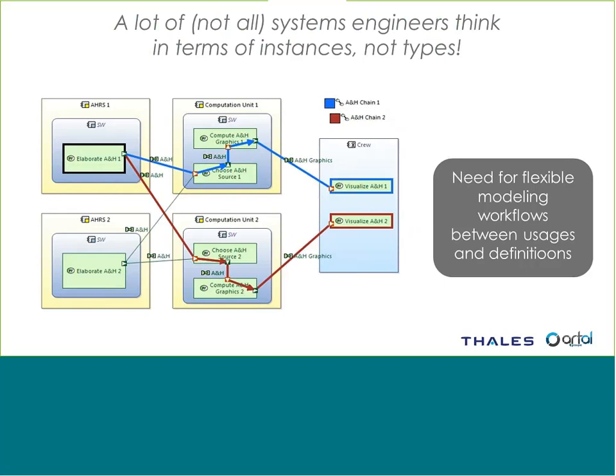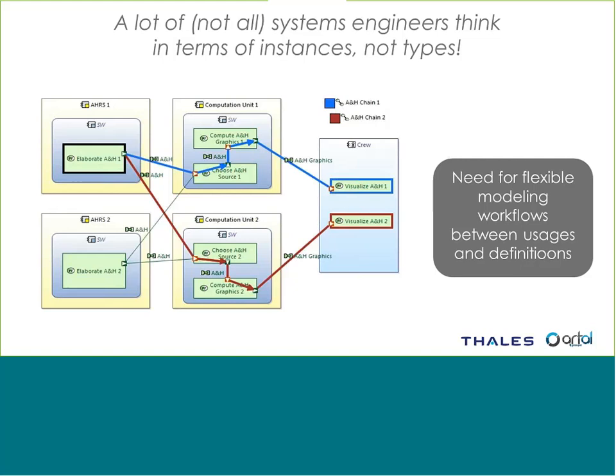For example, the scheme is illustrating a redundancy scheme, and it is important to know that the blue functional chain is going through computation unit 1, and the red functional chain through computation unit 2. So we really need to distinguish the instances.